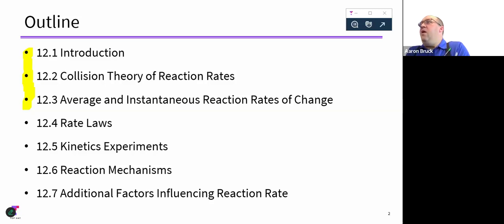Tomorrow, we'll talk about primarily focusing on concentration and how we can monitor a reaction speed based upon concentration of the reactants. And then on Monday, we'll close up the unit by talking about some different experiments and what are called reaction mechanisms, where we try to theorize how a reaction actually takes place to give us our rate laws and to help us make sense of them.